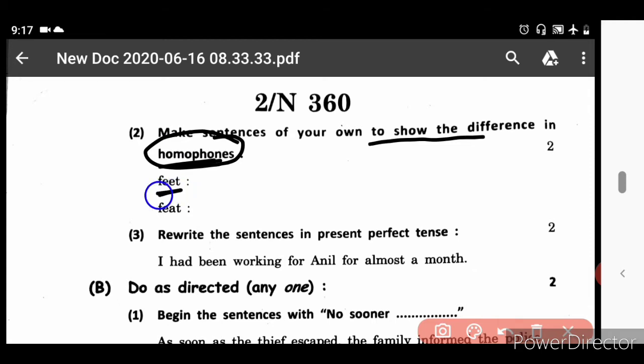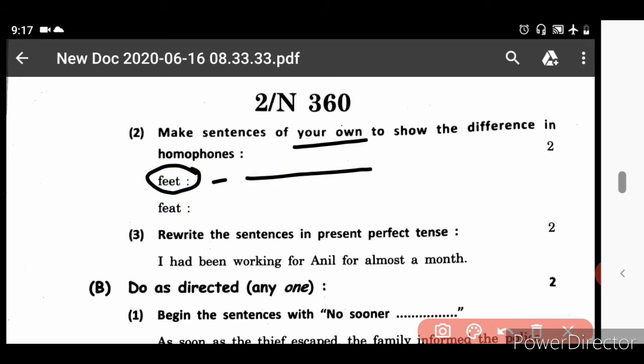Here, feet means our legs, and this other word has a different spelling, but the pronunciation is the same and the meaning is also different. You have to use each word in a sentence of your own, and you will get 2 marks.